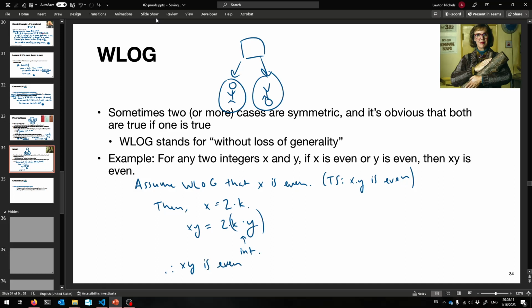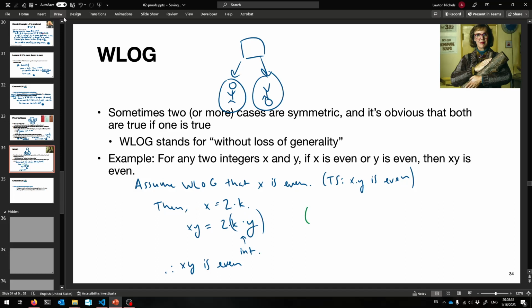And that actually proves our theorem, because if you think about this long enough, if you do it for the other side, where the other case is that y is the one that's even, and try to prove that xy is also even, the proof goes through just the same, right? Just instead of x, say y everywhere, and this is like x. It all works out, it's all the same, and it would have been wasted work.